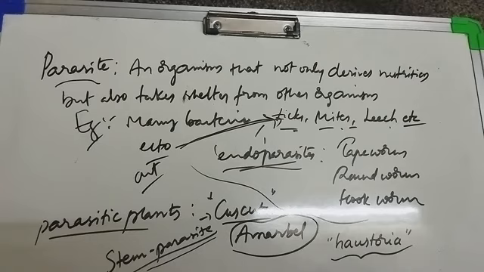If you take the unicellular organisms, the entire surface of the organism is in direct contact with the environment. So the food will be taken in by the entire surface of the unicellular organisms. Whereas in the case of multicellular organisms, the entire surface of the organism is not in complete contact with the environment.